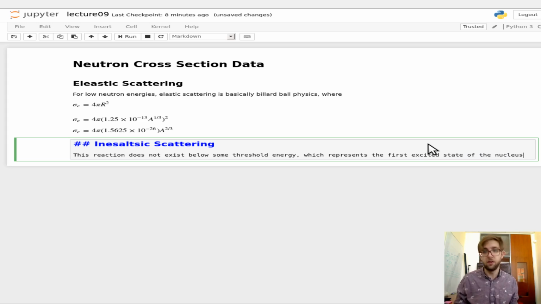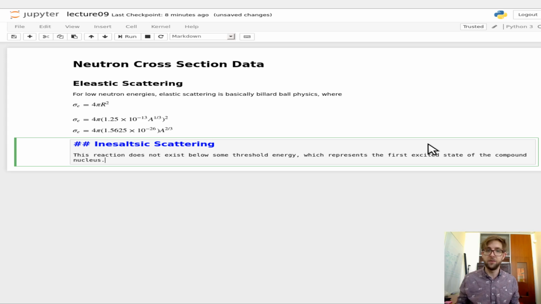The neutron has to have enough incoming energy to at least get the nucleus to the first excited state of the compound nucleus, if not even higher.